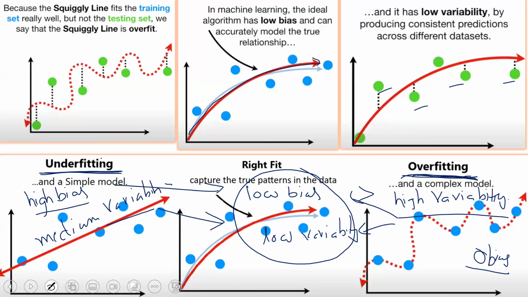So you don't want high variability and low bias, and you don't want higher bias and low variability. You need to make sure they both are in sync, such that you will get the right model. That's what trade-off basically means.